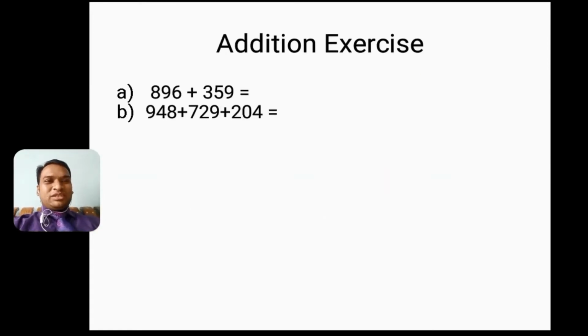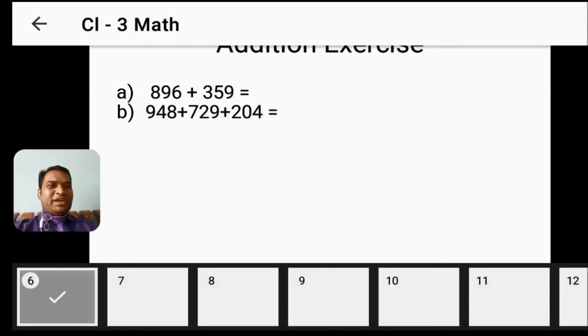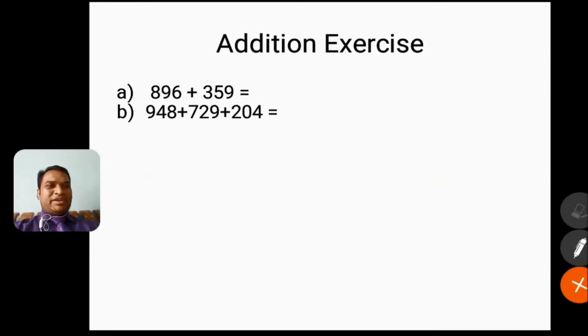So now let's do some exercise here. We want to add 896 with 359. Let me add, or you can also add at home.